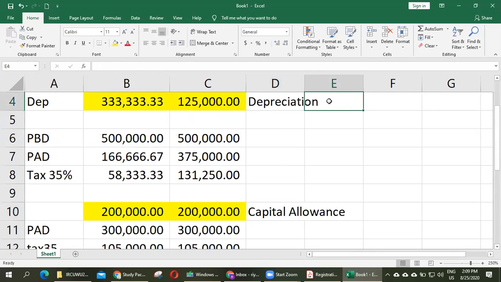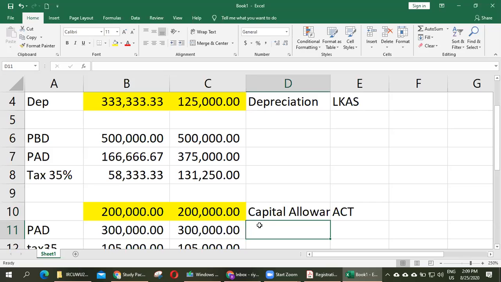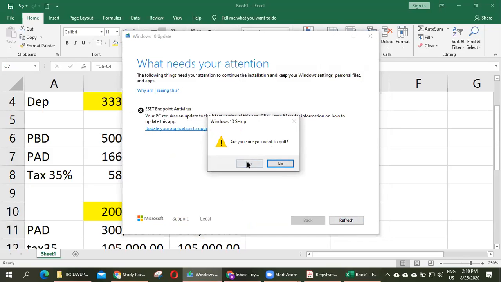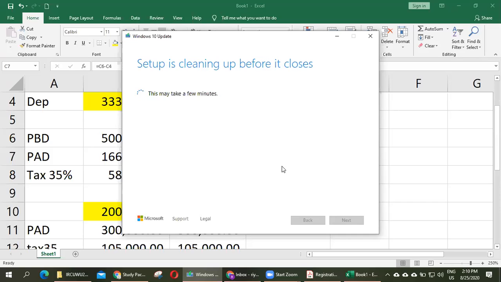Depreciation is calculated based on LKAS, and capital allowance is calculated based on the Inland Revenue Act. Any questions? Okay, now let's move.